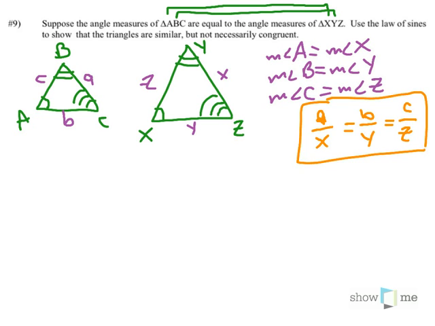Well, using the law of sines, sine of angle A over its opposite side a equals sine of angle B over its opposite side b. Certainly true, in that first triangle, because of the law of sines. Somehow we need to get our a's and b's together.